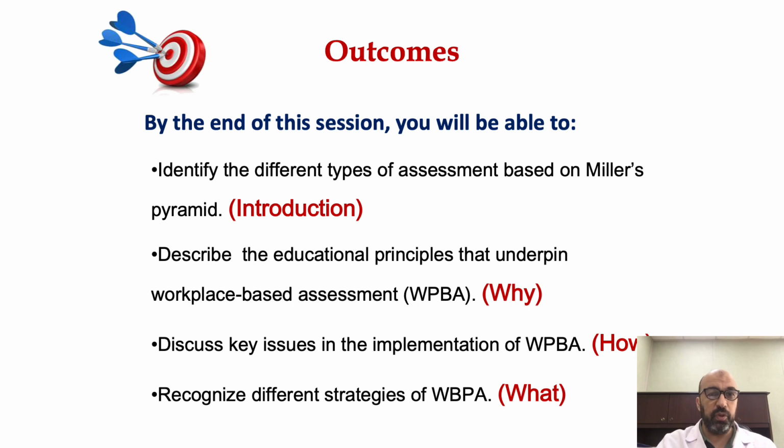And again, workplace-based assessment is mainly about entrustment. Your student or trainee will be entrusted to do a certain competence, a certain maneuver, or certain EPAs without supervision. So Alhamdulillah, we finalize this session on time, I hope.